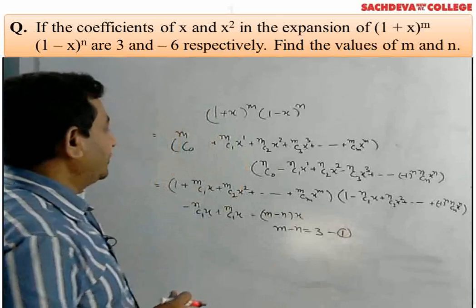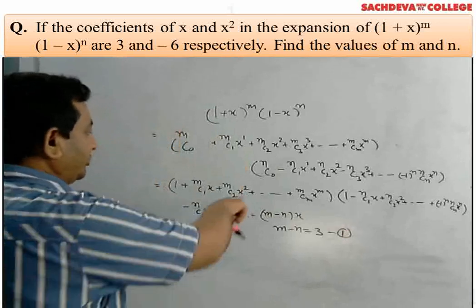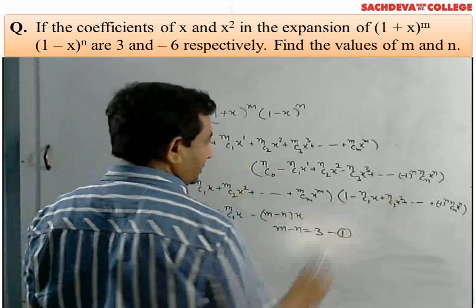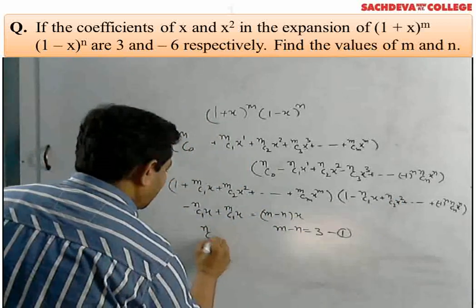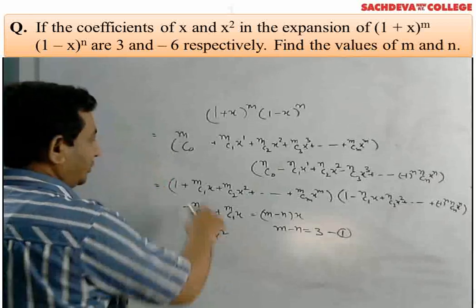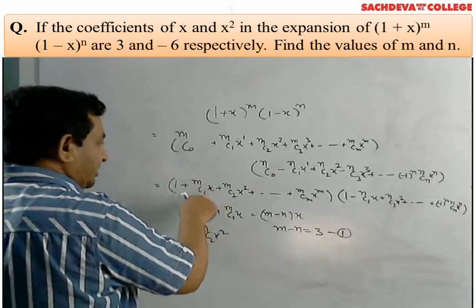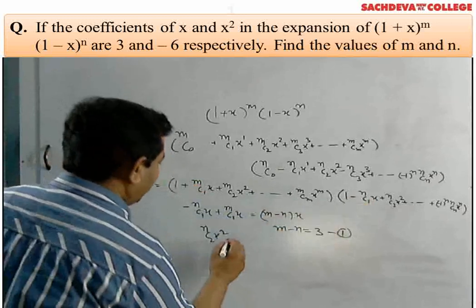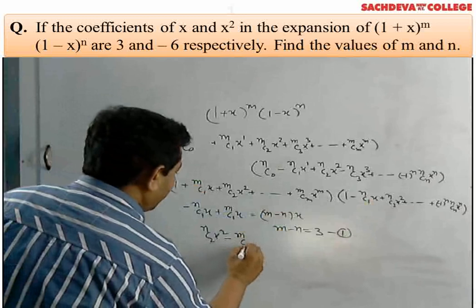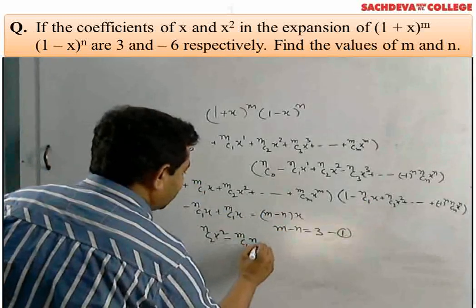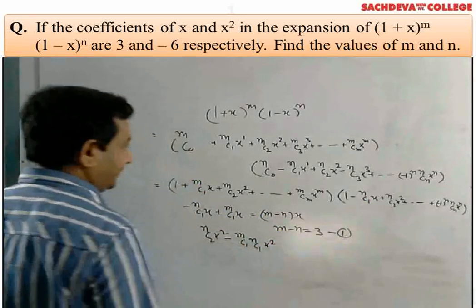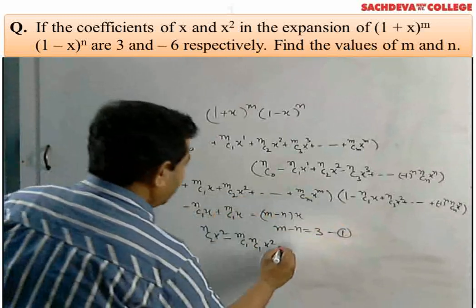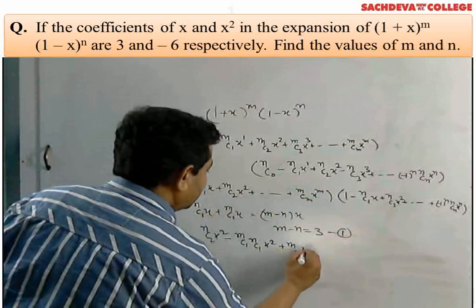Now we find the coefficient of x square. So the coefficient of x square in this expansion is, if you multiply 1 by nC2 x square, then you find nC2 x square; and the coefficient of x is mC1 and the other coefficient of x is minus nC1, then you find minus mC1 into nC1 x square; and if you multiply mC2 x square by 1, then we find mC2 x square.